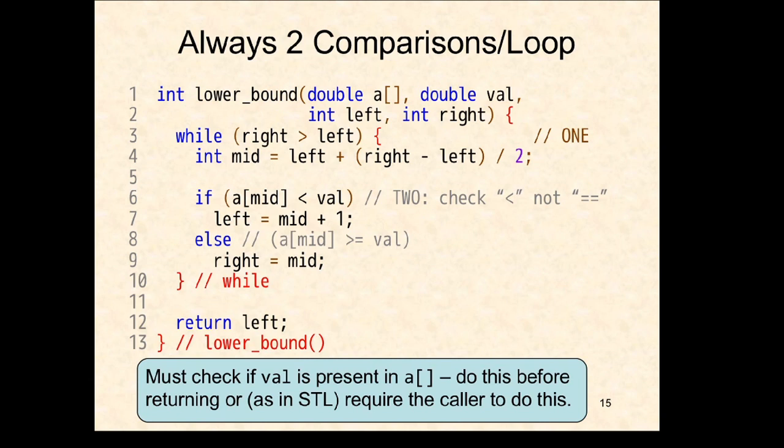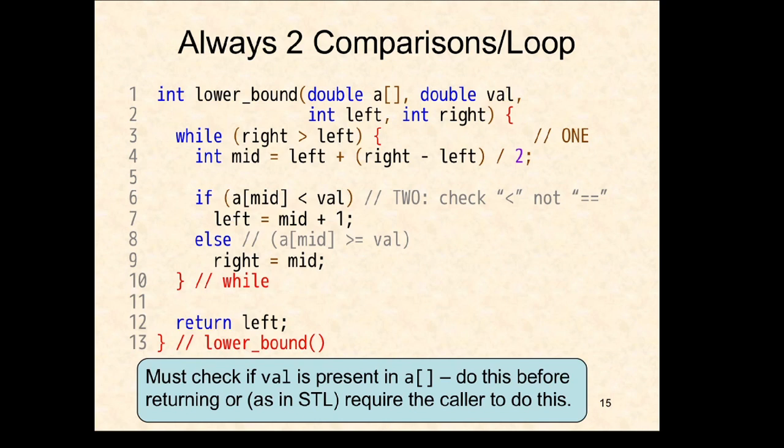And now what we're going to do is change this a little bit more. And we're going to change the conditions also. So here we've got test 1 is the same, test 2 is the same, and the assignment is the same: left equals mid plus 1. Else, we know it must be greater than or equal to.